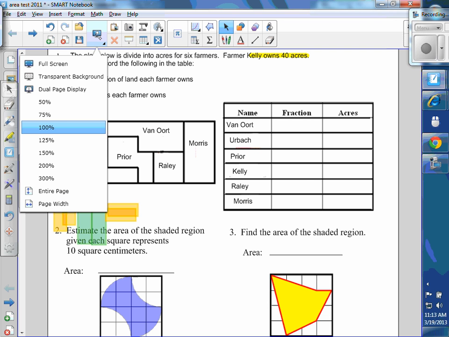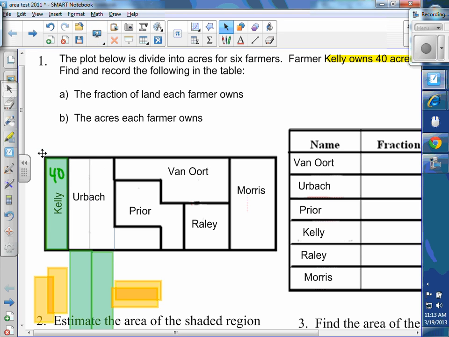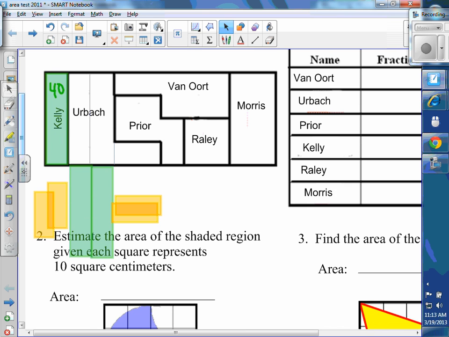Also, you notice I used a really light color because I don't want to get my pencil so dark that I can't tell the original borders. That's frustrating. Then you won't be able to see. So we know that this little piece was 20 here, and these were 40 each. So Urbach altogether has 100. Kelly has 40. Does that make sense?